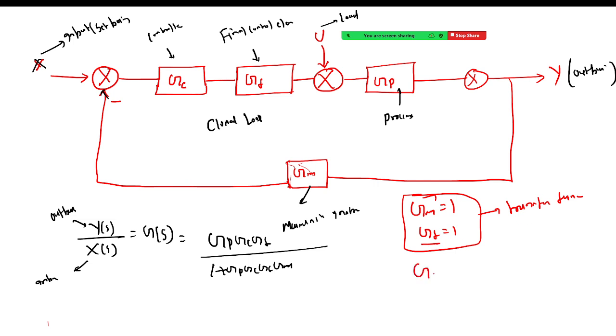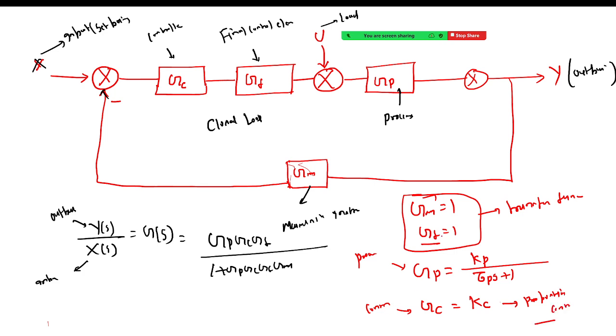And if I assume GP, the transfer function of the process, is a first order process, so Kp upon tau P s plus 1, and GC, the transfer function of your controller, is Kc, which is your proportional controller. I hope you must have understood this.